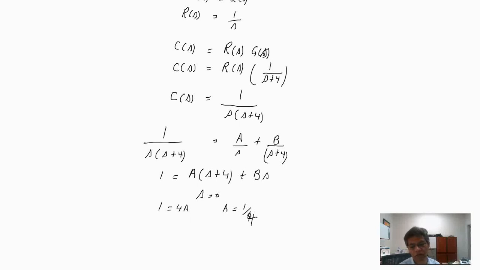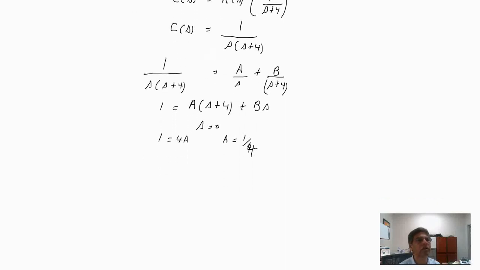Now, my friends, we are going to get rid of A to find B. How do we do that? Well, if I put s equal to minus 4, then I get rid of this term. So this will be minus 4B, and you can see that B will simply be equal to minus 1 over 4.